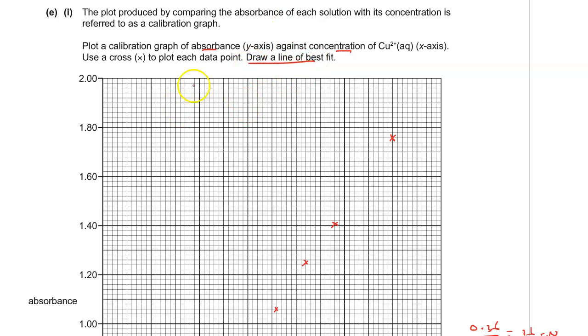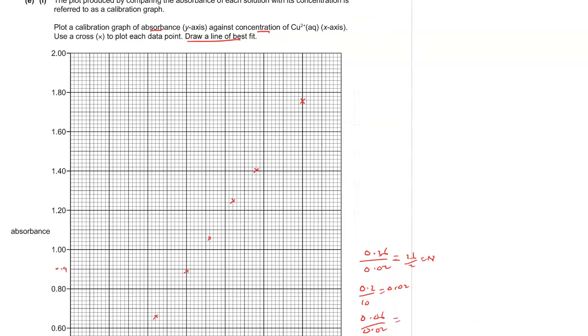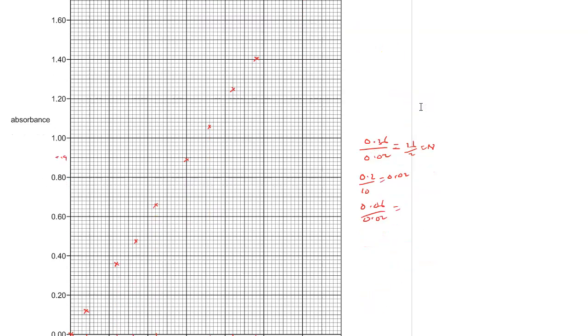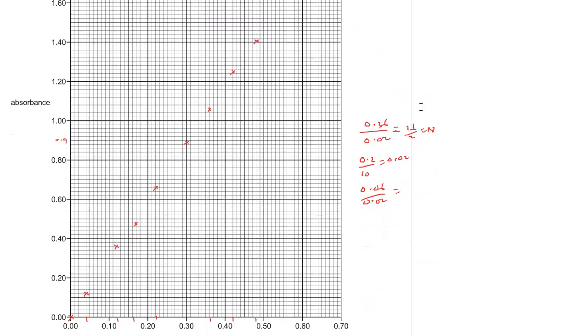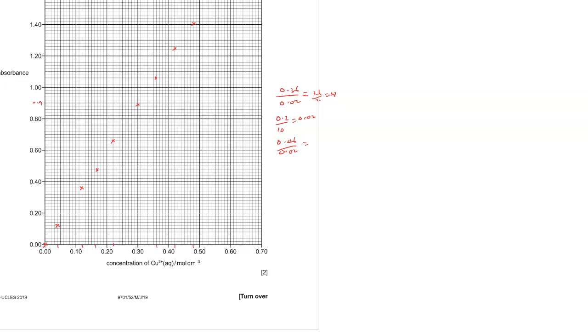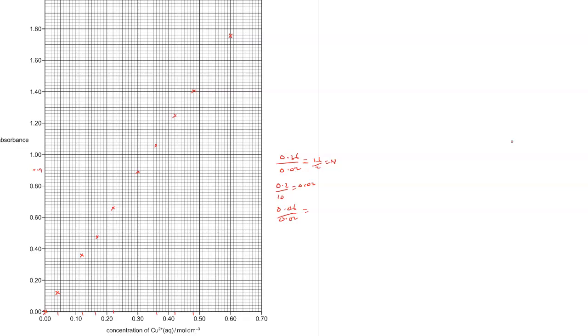So let me zoom out so that I may draw the line. Let's zoom out again. And there, so I can now draw the line of best fit.